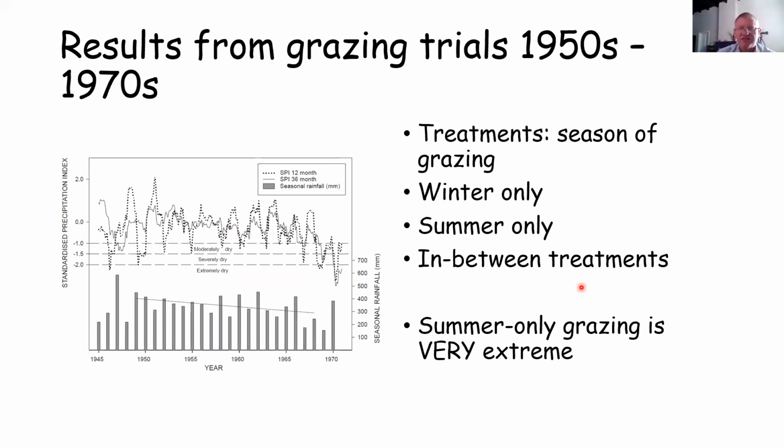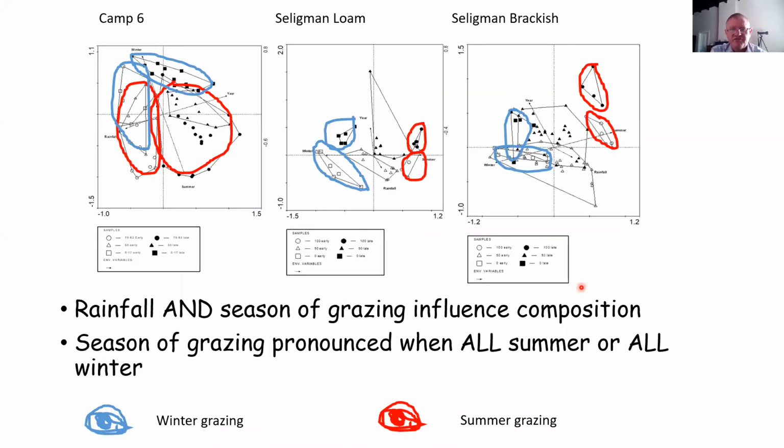Some of you might have seen the effects, and we'll look at a picture of that shortly. Here are a few ordination diagrams showing the effect of time and rainfall and season of grazing on composition. If we look at the first one up at the top left, those are the Camp 6 treatments, and the red shows the summer graze treatments, and the blue shows the winter graze treatments.